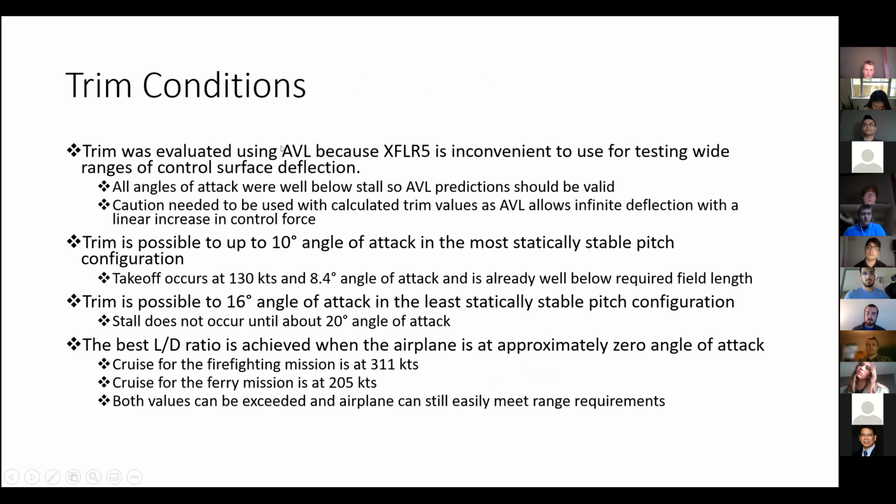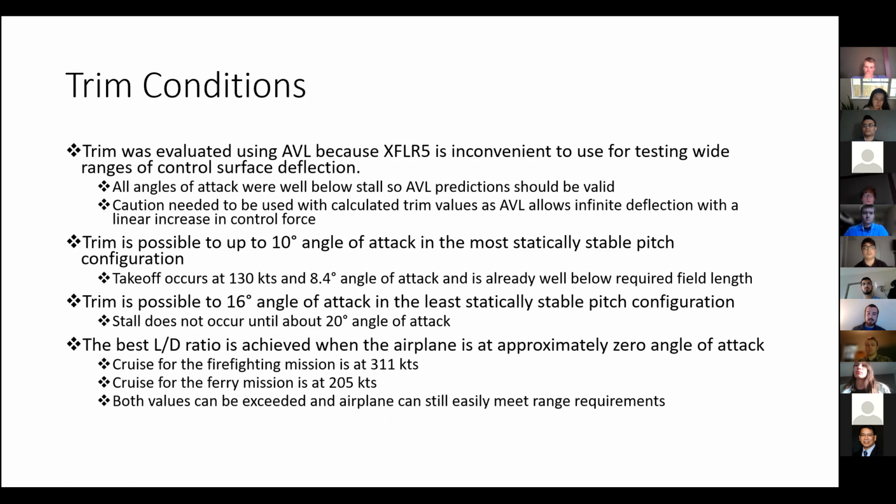Trim conditions were evaluated using AVL because XFLR5 doesn't work very well when you're trying to evaluate wide ranges of control surface deflection. But all angles of attack were well below stall, so the inviscid prediction should still be fairly valid. Trim is possible up to 10 degrees angle of attack in the most statically stable pitch configuration, which is fine because we don't need to fly at more than about 8.4 degrees angle of attack for our takeoff, and for our landing, we can land at relatively low angles of attack.